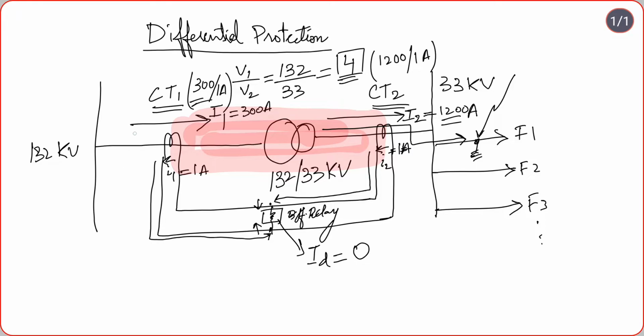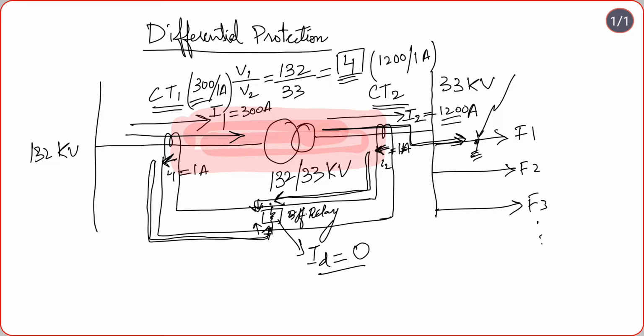So the current on the 132 kV side will be like this, and in the secondary it will again be like this, and on the 33 kV side the current will flow like this, and on the secondary side it will be like this. As explained earlier, I2 will flow like this towards the relay, and I1 will flow like this towards the relay. Both will cancel out, the differential current will be 0, and the differential relay will not operate.